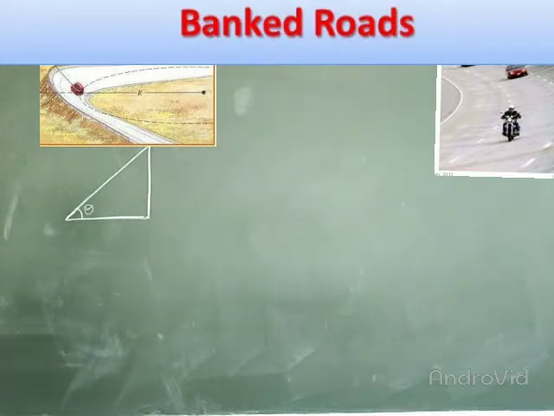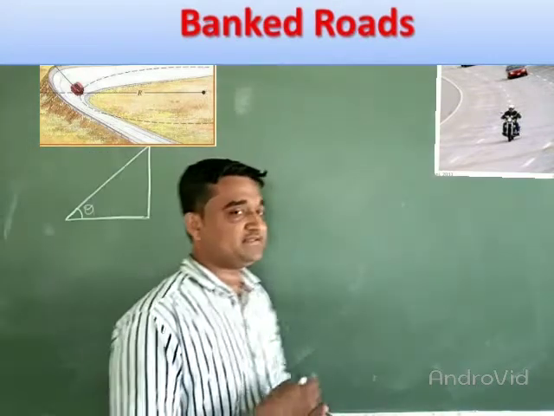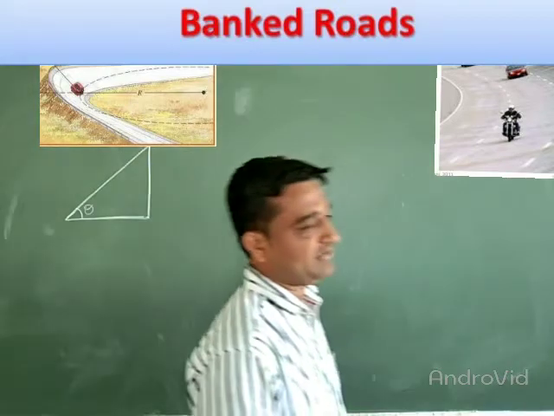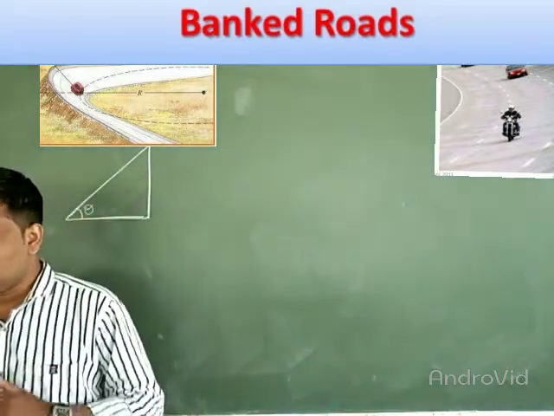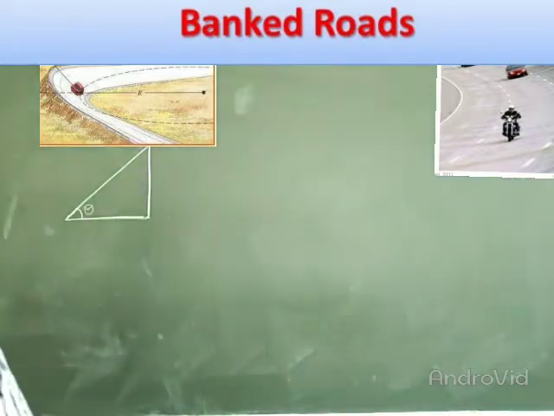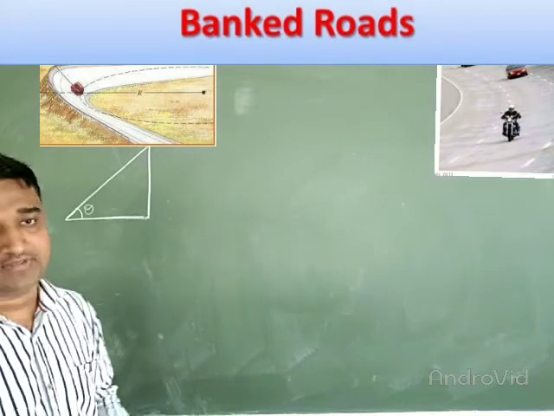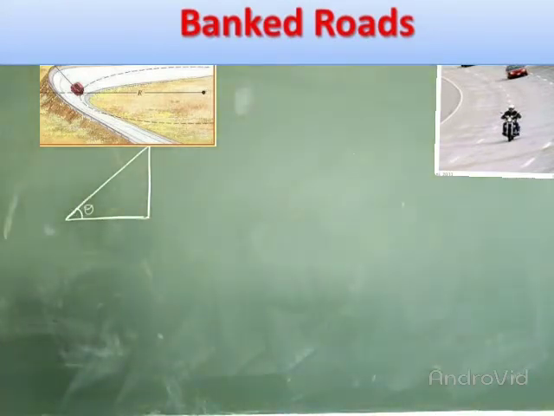But if the vehicles move with high speed, for example, if the vehicles are moving with high speed on the curved path, the force of friction between the road and tire is not sufficient to pass the curved path. So in that case, what happens? The vehicle may skid. There may be a possibility of skidding of the vehicle. So to avoid the skidding of the vehicles on the curved path, the roads are banked.